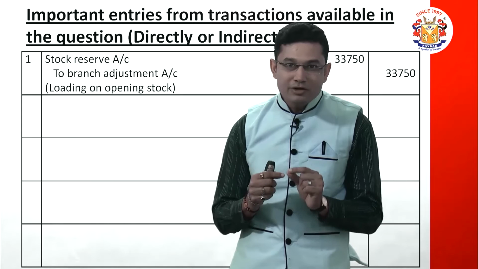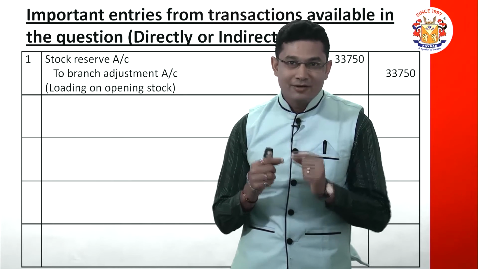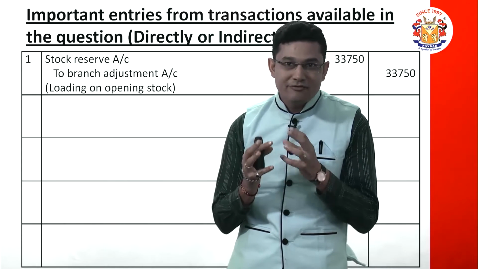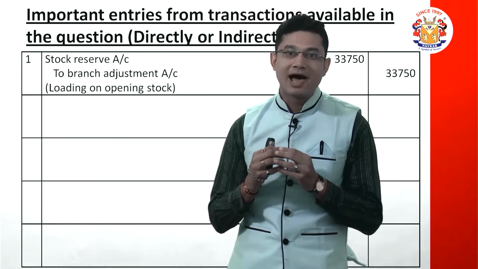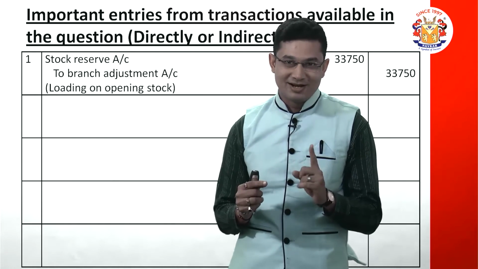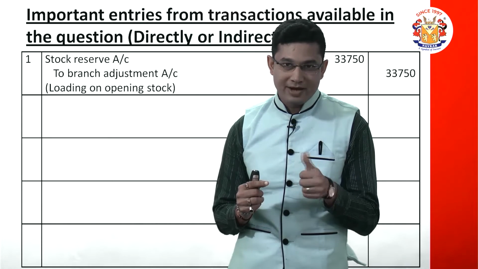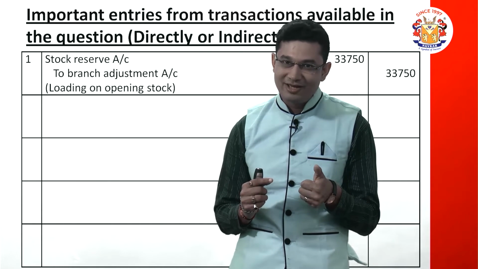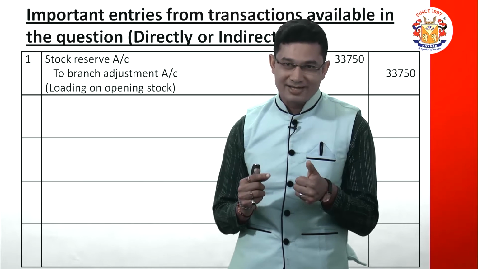We are going to expect that different kinds of profit will be unrealized. So on the debit side of branch adjustment account, we will record unrealized profit, meaning already unrealized profit or going to be unrealized.